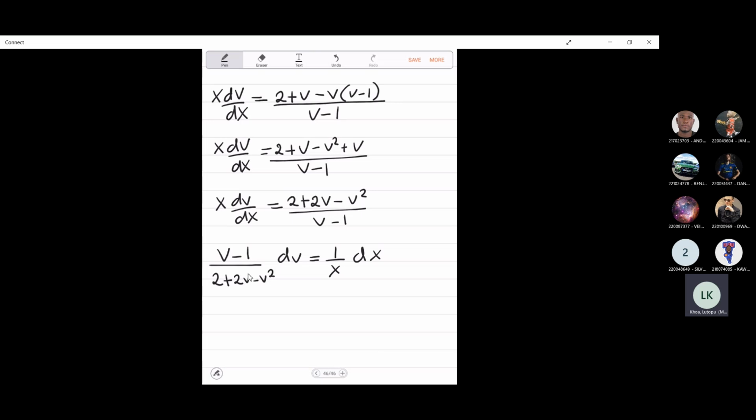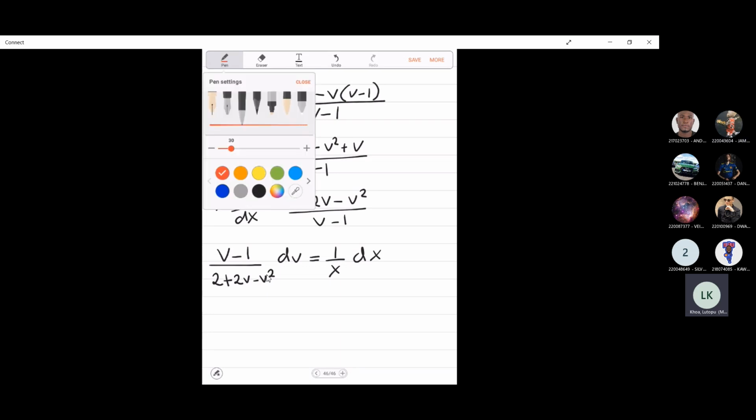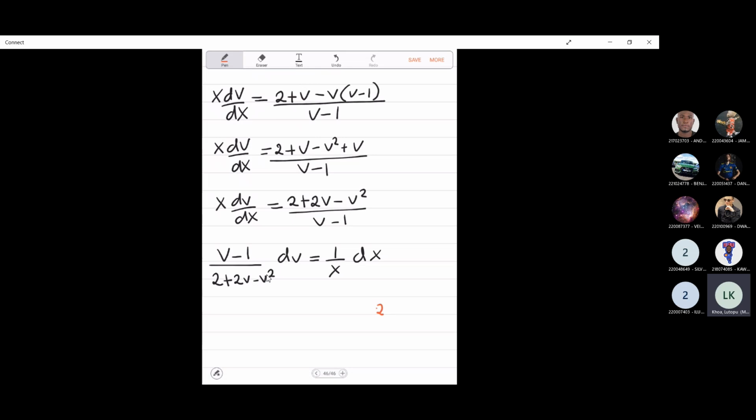Okay, so what we need here is to make this the derivative of the denominator. So the derivative of the denominator will be 2 minus 2v. So let me just take note of that. So the numerator has to be 2 minus 2v.